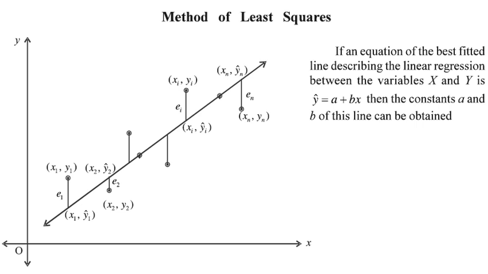If you remember the original model, that was alpha plus beta x. So alpha has been replaced by a, and beta has been replaced by b, for the sake of simplicity. Here a and b are constants, and in this chapter it is all about calculating the values of a and b.